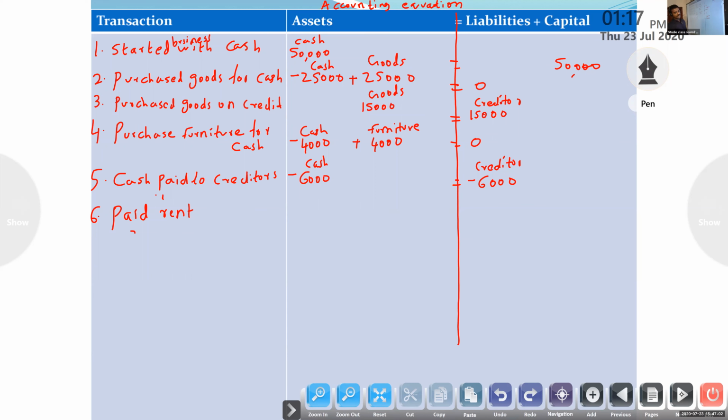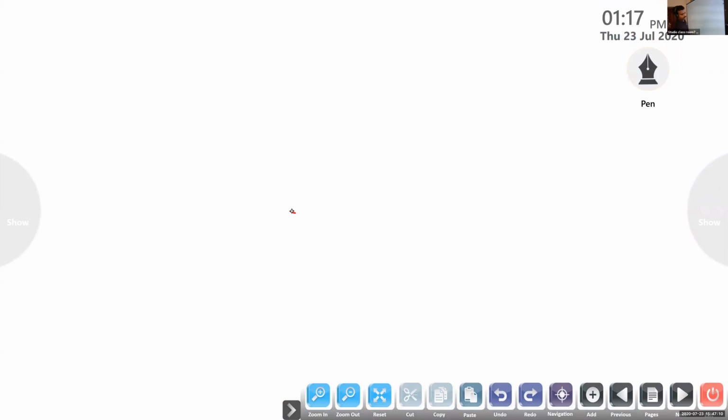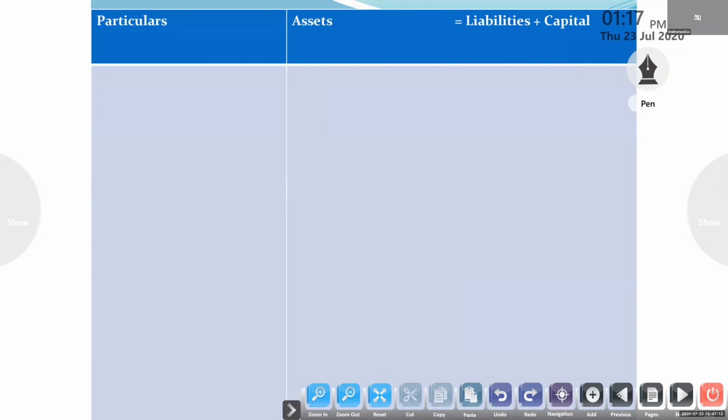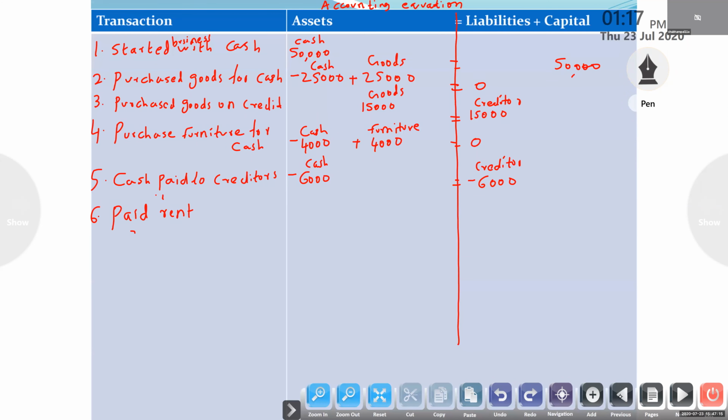Paid rent 1,400. Cash minus, then capital minus.